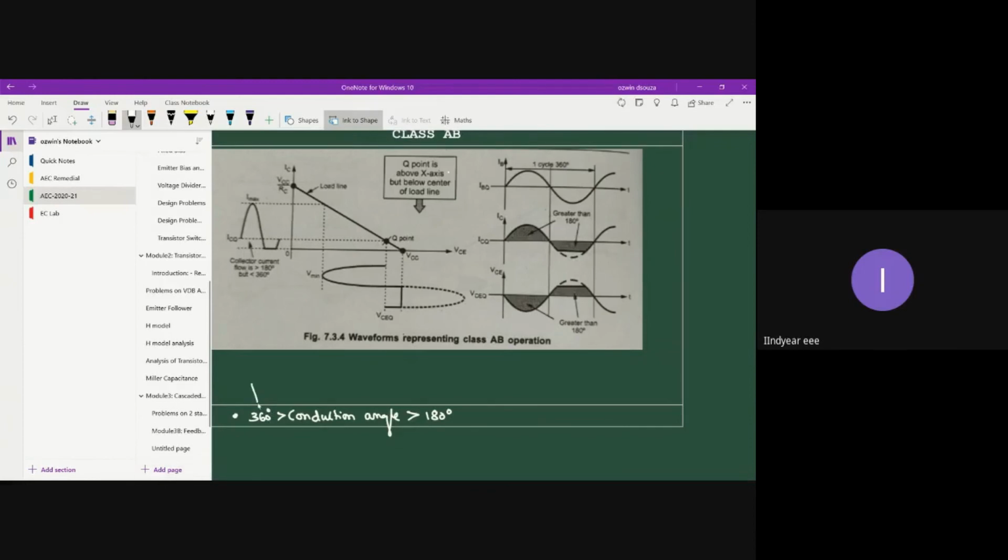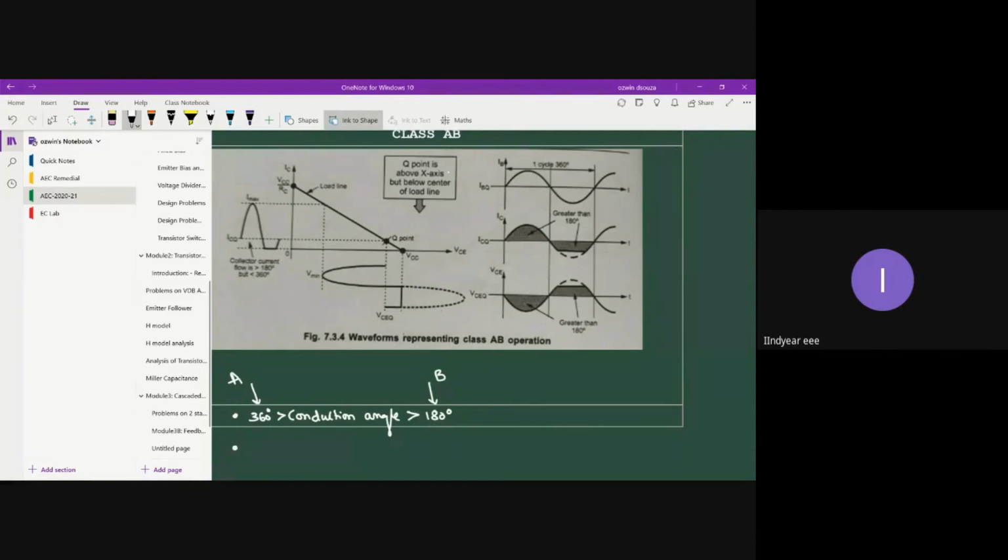You had seen that the conduction angle of 360-degree is for class A power amplifier. On the other hand, for a class B power amplifier, the conduction angle is 180-degree, right? This is for class B. So in case of class AB, the conduction angle is greater than 180-degree and smaller than 360-degree.